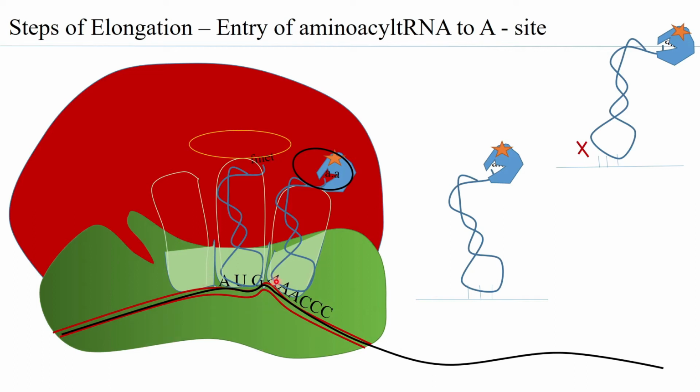So just below the A site at this point is present the rRNA with a conserved set of A's. There are two conserved A's right below the A site over here. So I'm showing it here. So these two conserved A's will interact with the tRNA and mRNA hybrid if and only if the minor groove formed is correct.